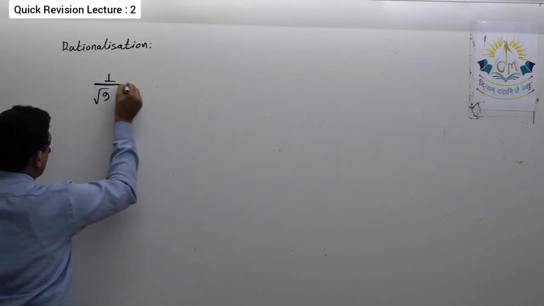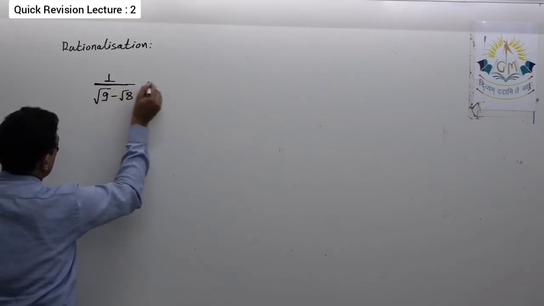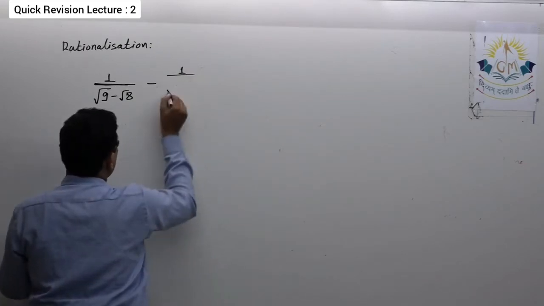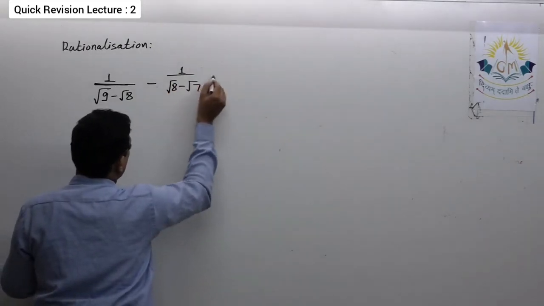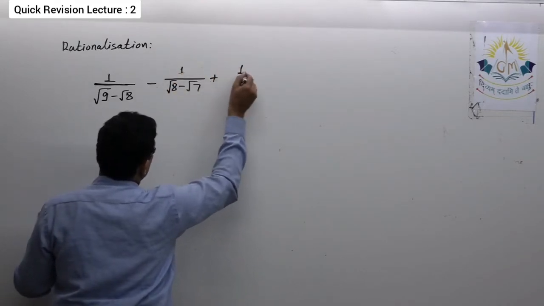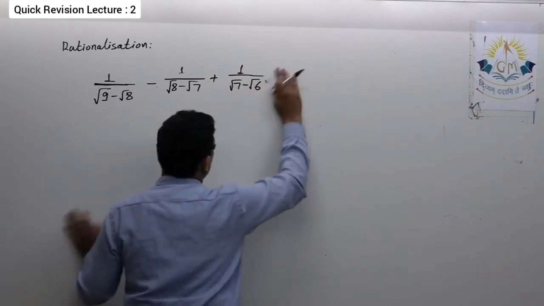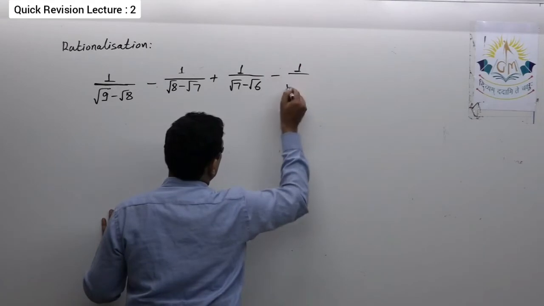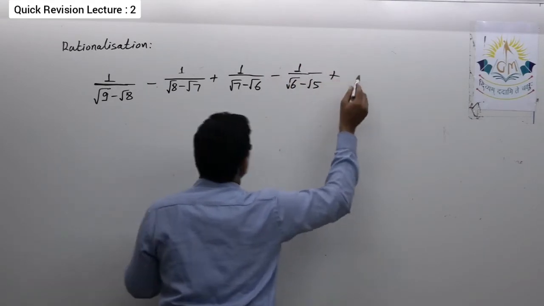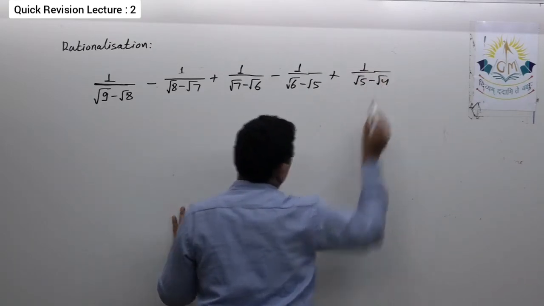You will get an expression something like this: 1 upon root 9 minus root 8, then minus 1 upon root 8 minus root 7, then plus 1 upon root 7 minus root 6, then minus 1 upon root 6 minus root 5, then plus 1 upon root 5 minus root 4, and so on.